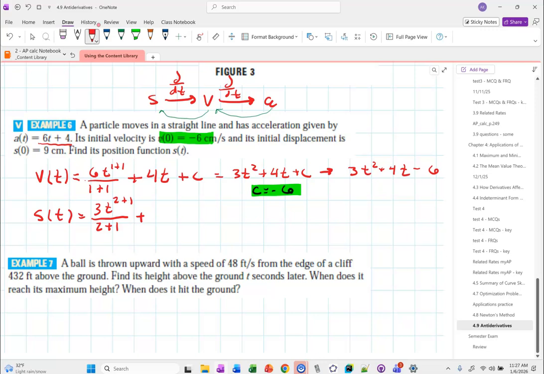What's our antiderivative of 4t? Is everybody okay with what we did there? Let's simplify things down.